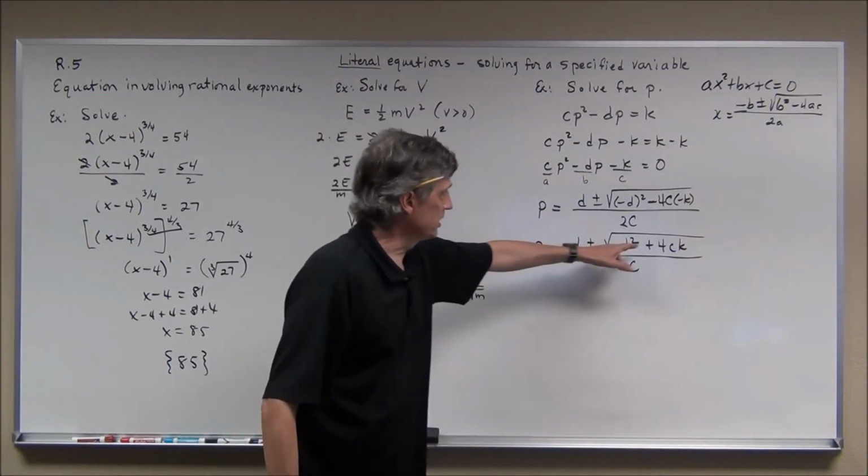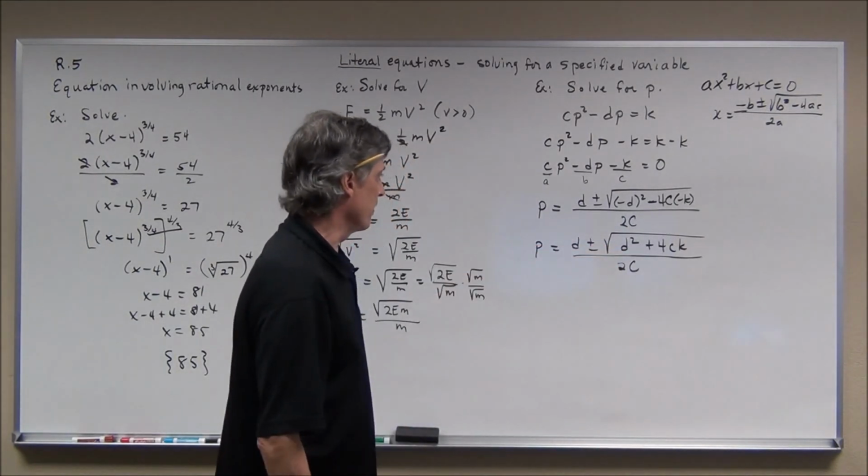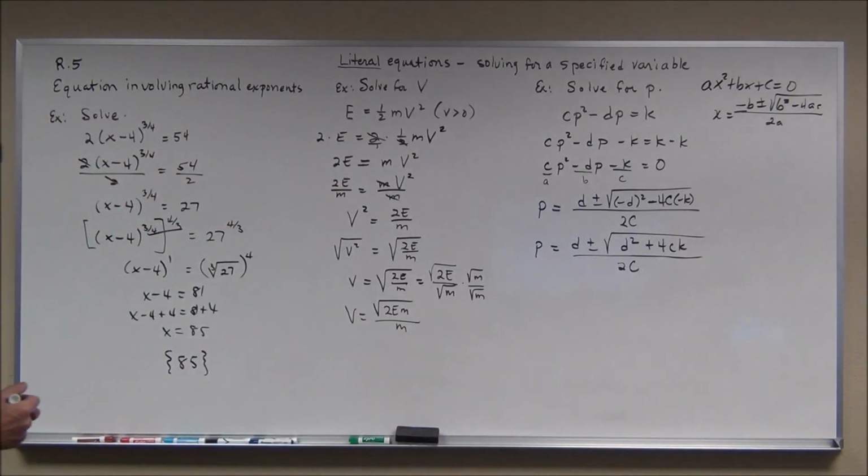Now I don't see anything simplifying in here. You can't take the square root of just this term. It has to be a factor, so I think that's as far as that one's going to go. And that's the last example for this particular section, a very long section on solving equations where our solutions are real numbers.